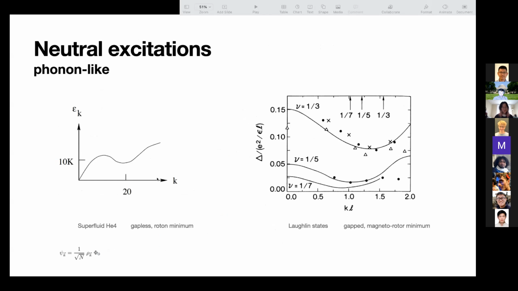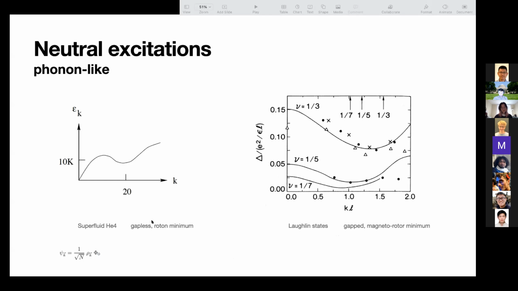But the major difference between the superfluid and the quantum Hall fluid is that the phonon dispersion is gapless in a superfluid, but it's gapped in a quantum Hall system. Because in a superfluid there's a Goldstone mode, but the quantum Hall fluid actually doesn't have any Goldstone mode, etc.